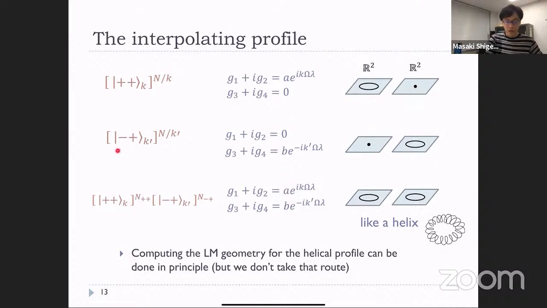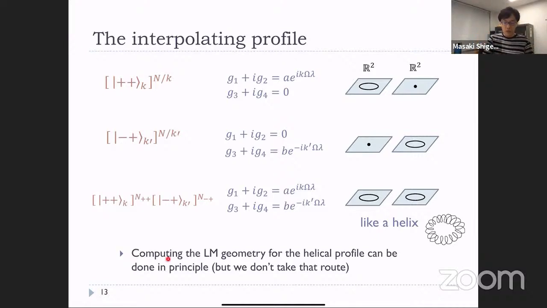And on the other hand, when you have minus, plus k prime, then you're at the center in the first R2, and in the second R2 you are going around a circle of radius b, k prime times. And if you want to interpolate, what you do is pretty simple. You just combine the two. So as you increase lambda, you're going around a circle here and another circle here. So this is like a helix in some sense. It's not exactly like this because you are moving in two different planes, but well, it's like a helix.